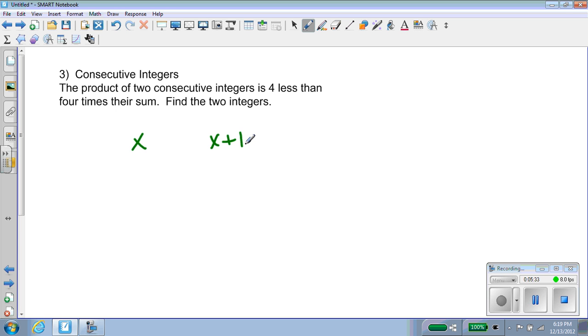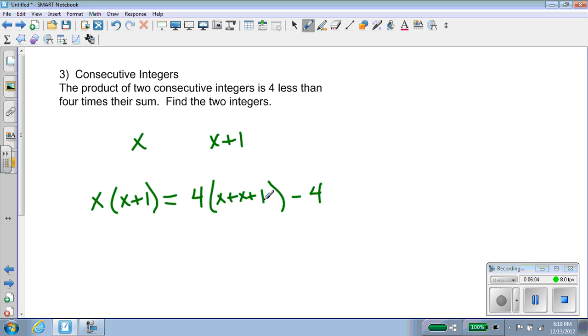So the product of two consecutive integers: I'm going to multiply x times x plus 1, is 4 less than 4 times their sum. Okay, so 4 less than 4 times their sum, x plus 1.